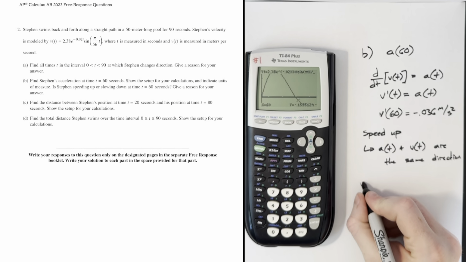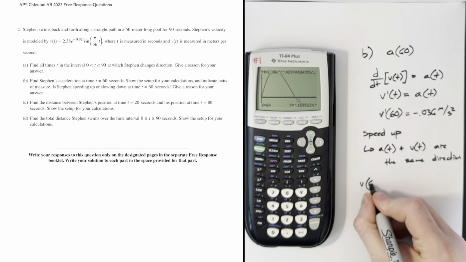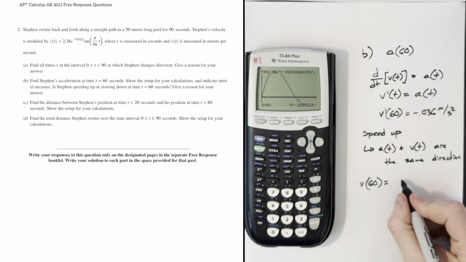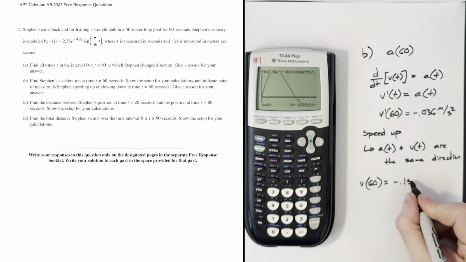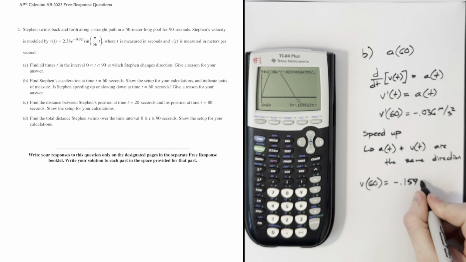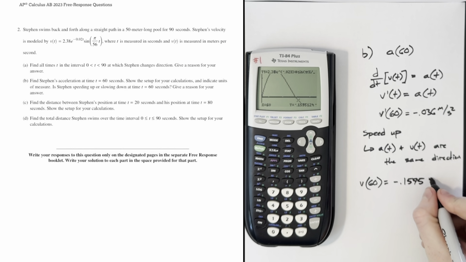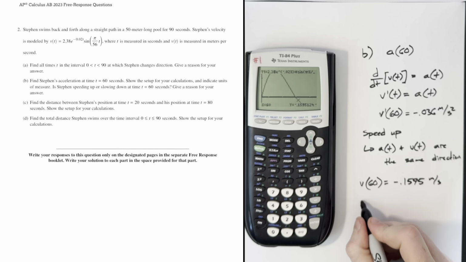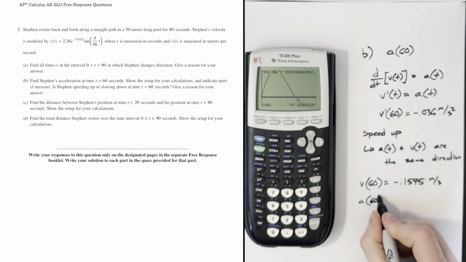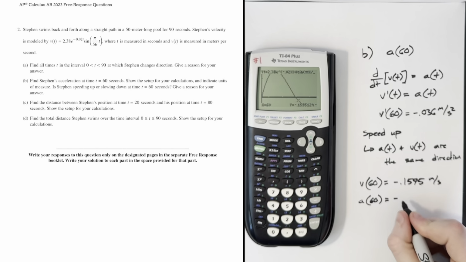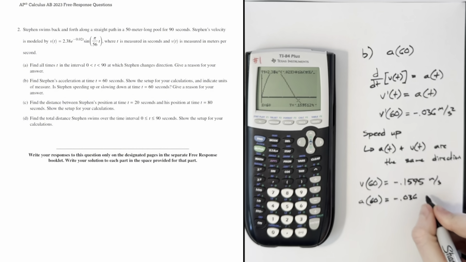And it tells me that my velocity at 60 is equal to negative 0.1595, and that'll be meters per second, right? My acceleration at 60, we know is negative 0.036 meters per second squared.